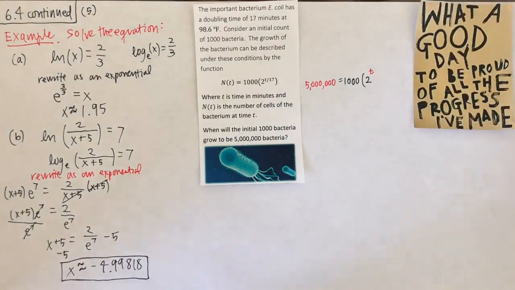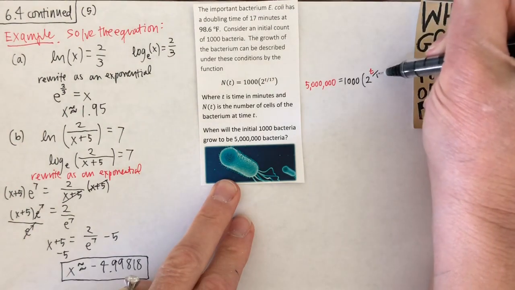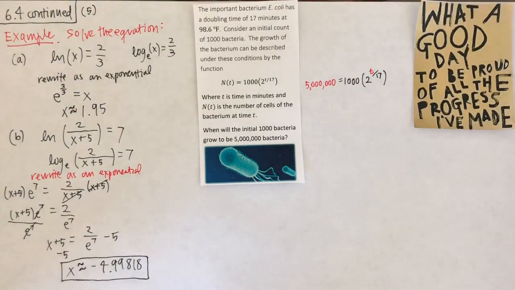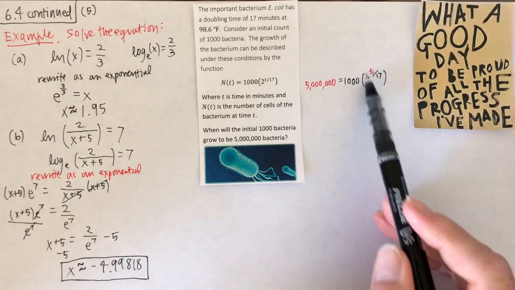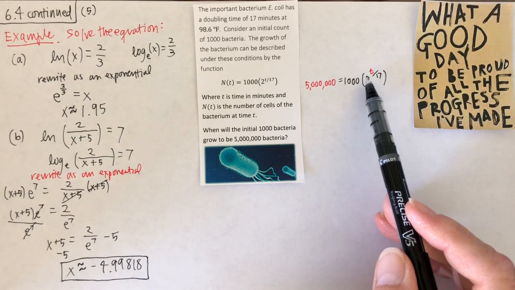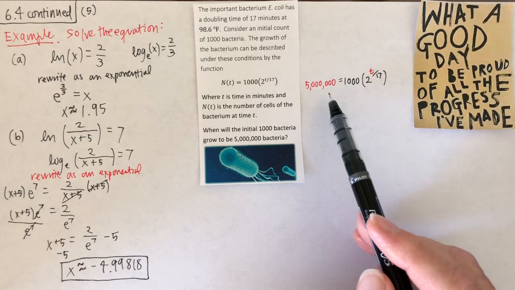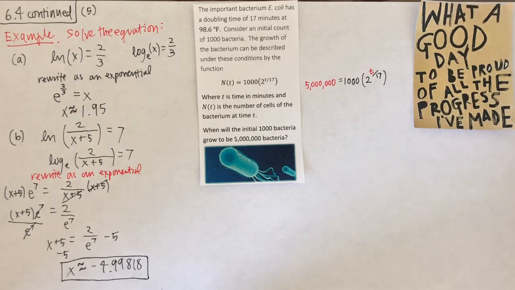When does it happen? Divided by 17. So we have to solve this equation, and this is an exponential equation. The variable is up in an exponent. So we're going to clean it up a little bit and then use logarithms to solve it.